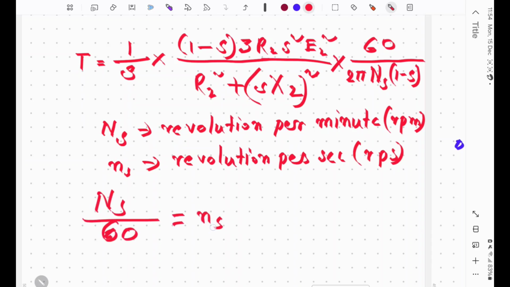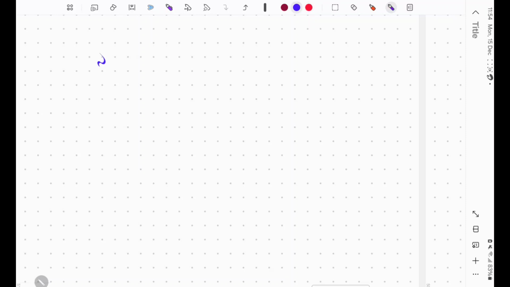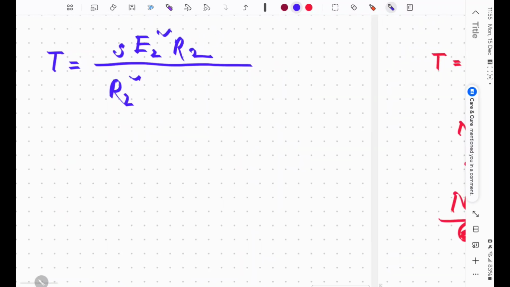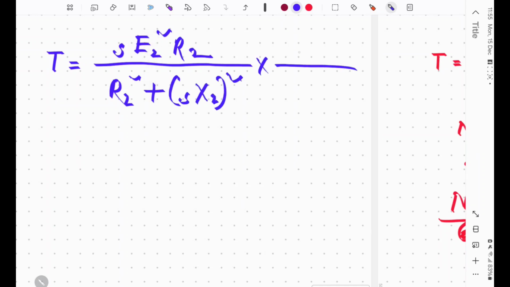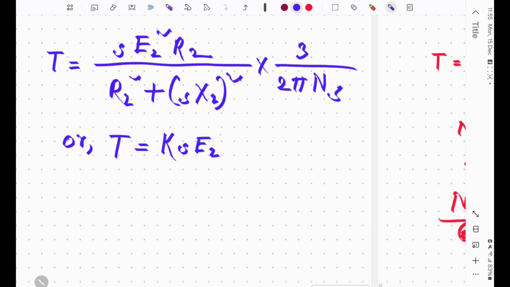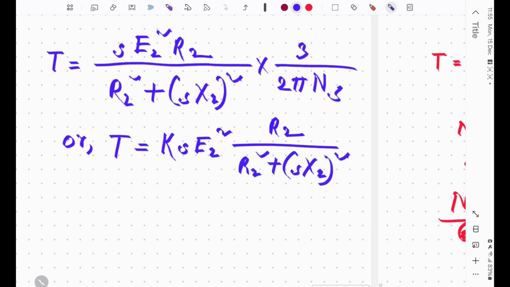Now substituting this value of ns in the above equation and simplifying, we get the torque equation: T is equal to s E2 square R2 by R2 square plus sx2 whole square into 3 by 2 pi ns, or we can write T is equal to k s E2 square into R2 by R2 square plus sx2 whole square.